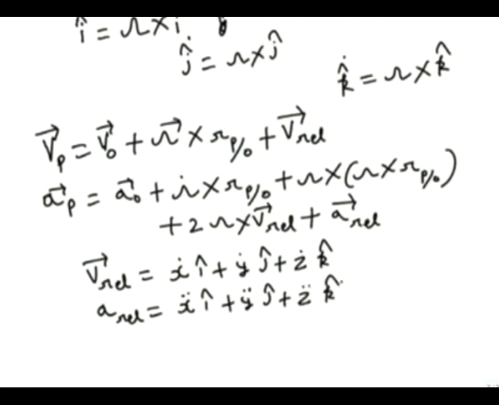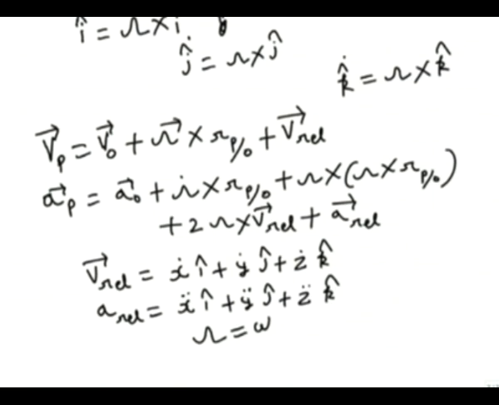Now if the axes are rigidly attached to the body, then obviously big omega will be equal to small omega, and since they are rigidly attached, Vrel and Arel both will be 0, and the equation reduces to your previous equation, that is omega cross Rpo.